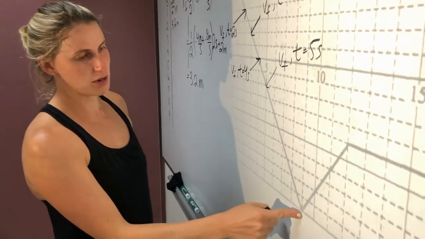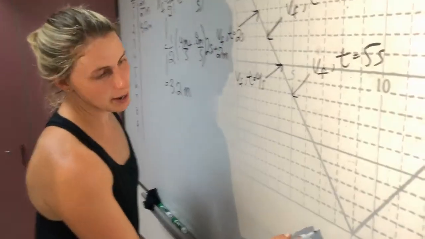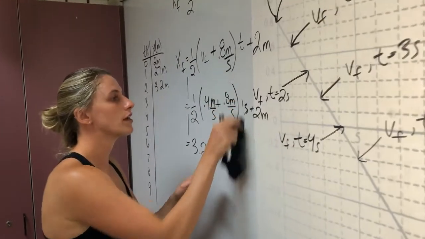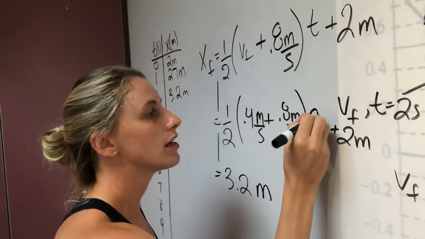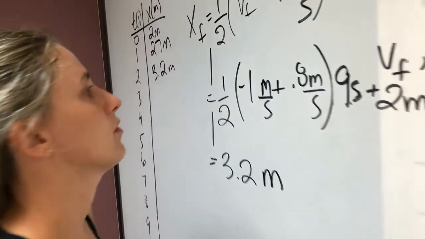I'm gonna hop down to where t equals 9 seconds, so right here. And so I'm gonna go ahead and plug that in. So we'll go 9 right here, 9 seconds. And at 9 seconds, our velocity is -1 meter per second. Let's go ahead and plug that in.